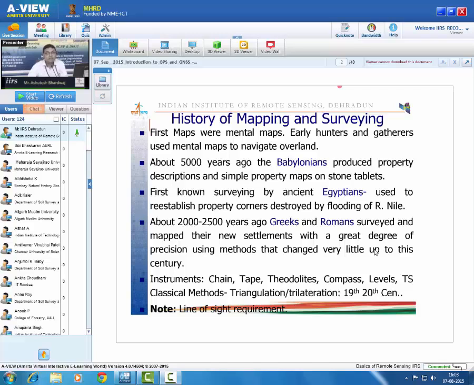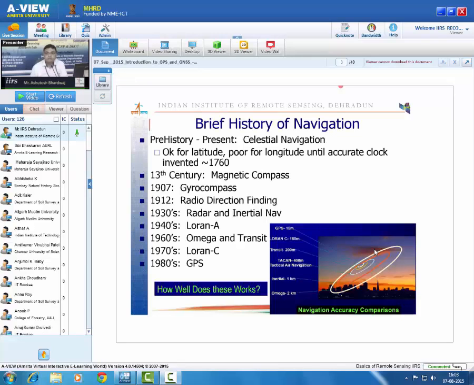If there is any hurdle, then you have to go around the hurdle, and you cannot do the measurement in a single step. But with GPS coming into the picture, GPS does not have the line of sight requirement. So this condition which was there with all the instruments developed earlier is waived off now with the development of GPS.